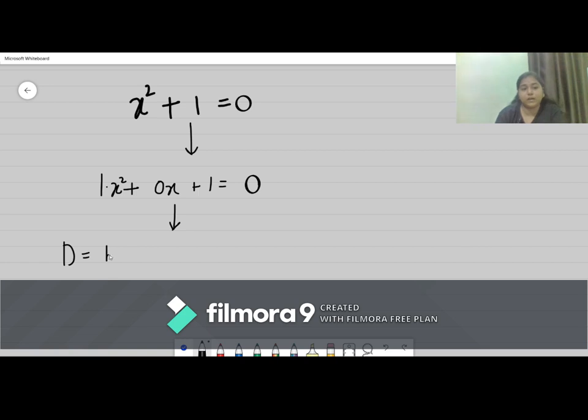Determinant b square minus 4ac. We all know from a previous class that in order to find the roots value of x of a quadratic equation, we first find the value of the determinant, which is given by b square minus 4ac.